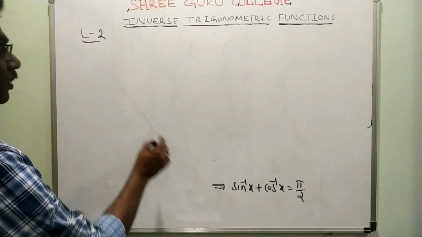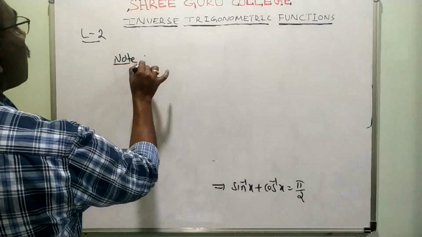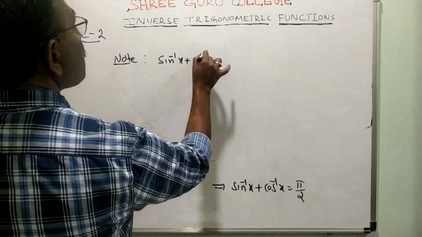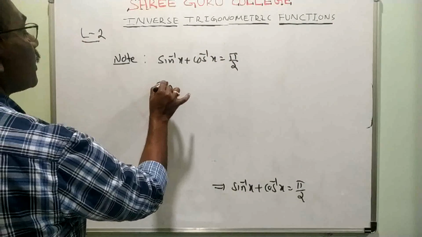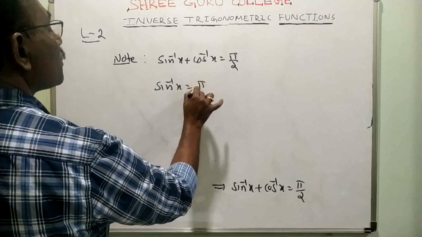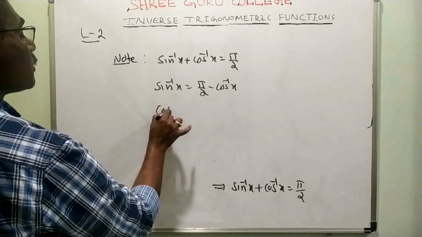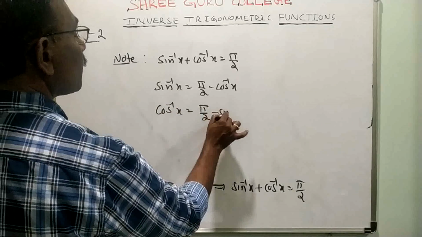This is very important. Note: sin inverse of x plus cos inverse of x is equal to pi by 2. So sin inverse of x is pi by 2 minus cos inverse of x, and cos inverse of x is pi by 2 minus sin inverse of x.